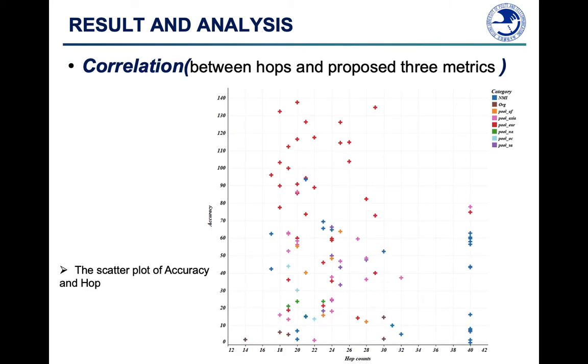In addition, we analyze the correlation among hops, availability, stability, and accuracy. We use the IBM data analysis tool, SPSS, to perform correlation analysis.